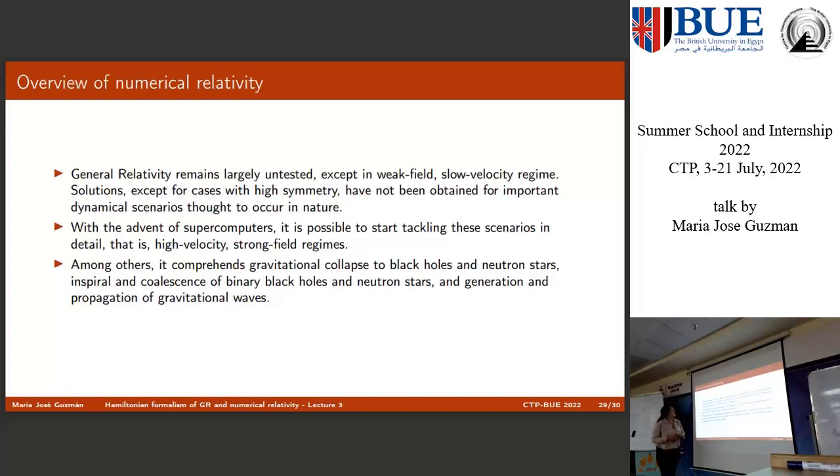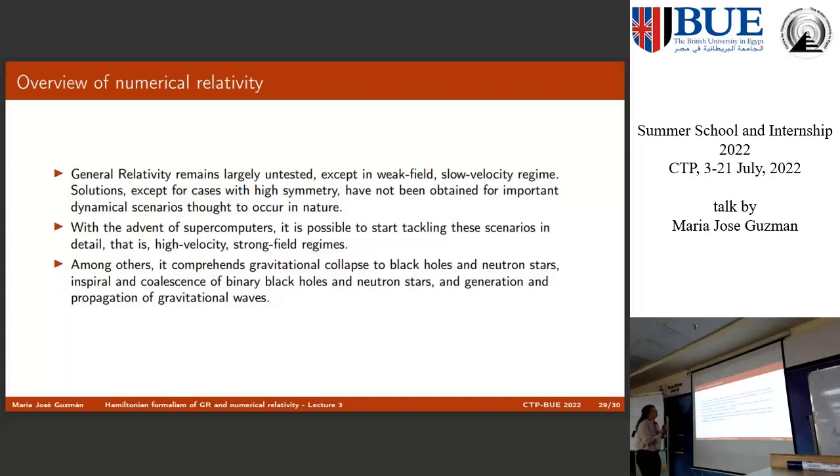General relativity is a theory that can describe very violent phenomena in nature, for which we don't have testing, either with the theory or with observations. Nowadays, we are getting the first events in nature that allow us to test general relativity in high velocity, strong field regimes, like collisions of black holes, collisions of neutron stars, and so on.